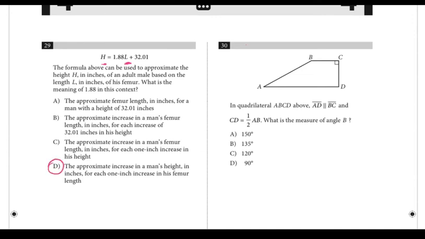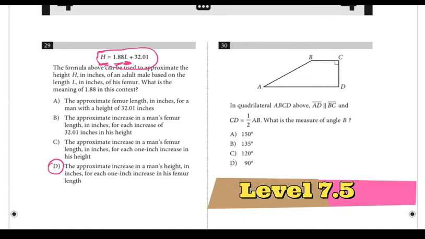So every 1 inch increase in L, looking at the equation of the line, goes up 1, the height would go up 1 times 1.88, so the height would go up 1.88. And that is how they get the equation of the line. That was a fairly difficult question. I would say level 7.5 difficulty from 1 to 10.